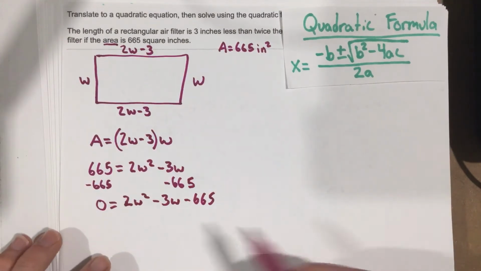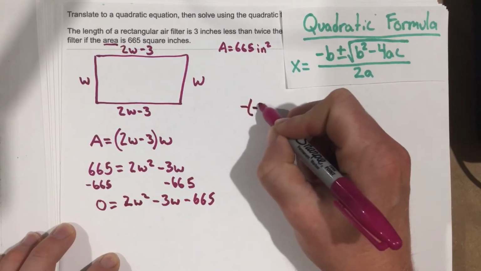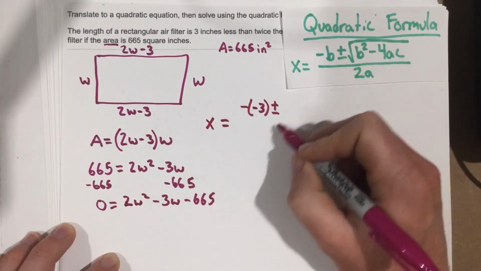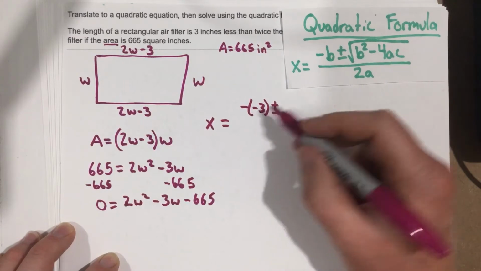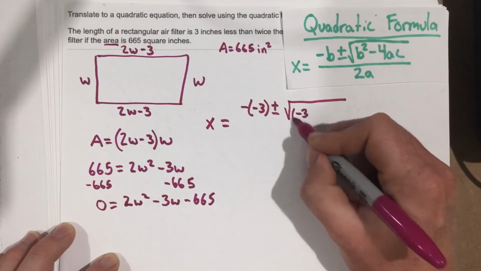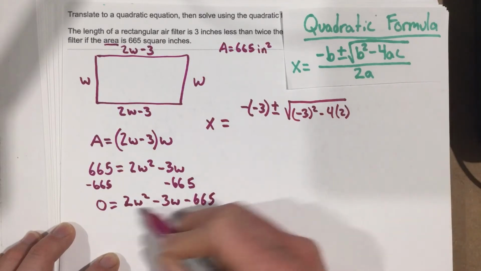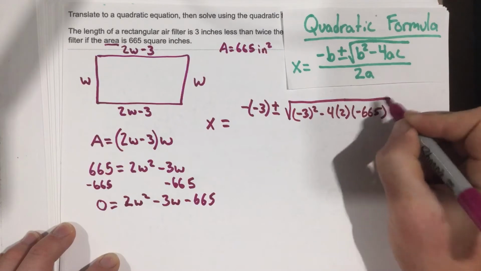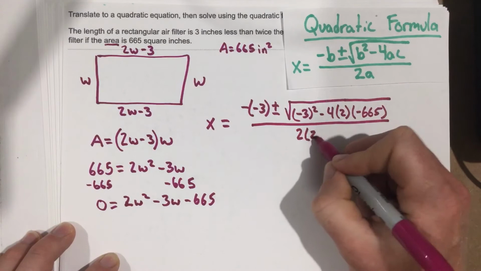There's the quadratic formula. So in our case, b is negative 3. So we're going to say negative 3 plus and minus, or don't forget x equals here. Sometimes I forget that. I know that it's x equals, but negative 3 plus and minus root b squared, which is negative 3 squared minus 4 times a, which is 2, times c, which is negative 665, all over 2 times a, which is 2.